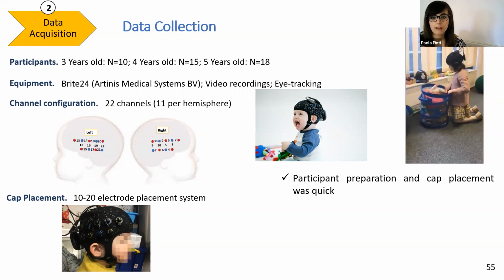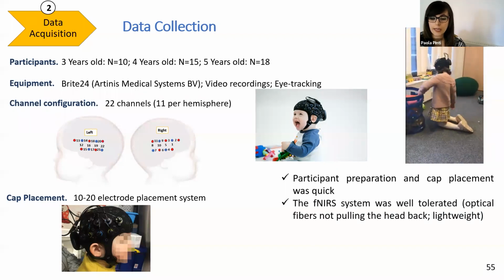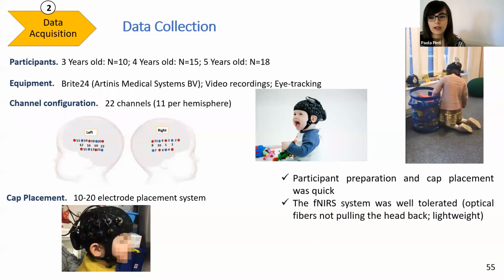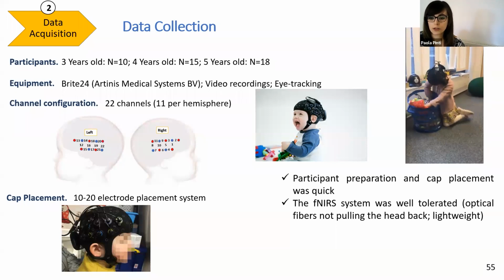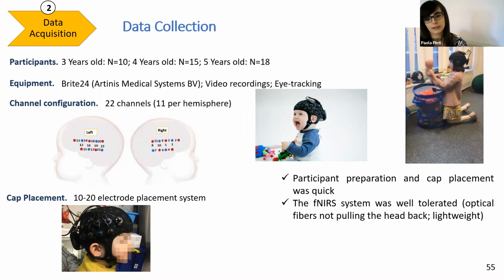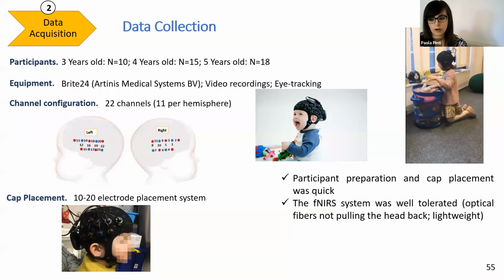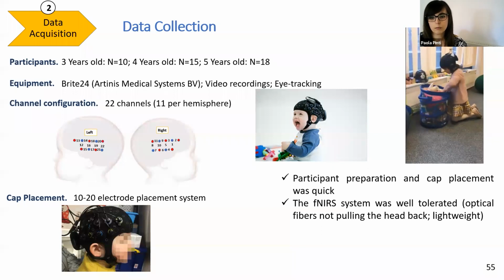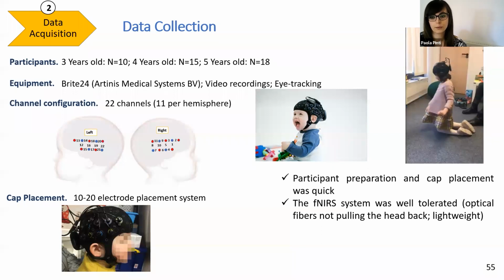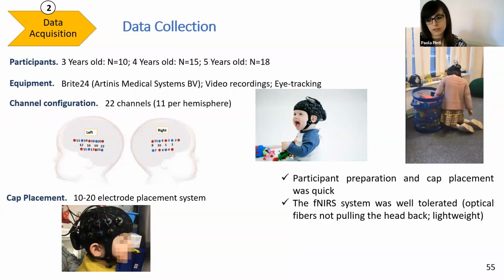In this way, the cap placement was quite quick, and the instrument being lightweight, with everything placed on the head, also made it more tolerable for toddlers, not having the heavy fiber bundles pulling their heads back. This resulted in good quality fNIRS data. Participants were more comfortable wearing the system, so they could go through the whole experiment up till the end.